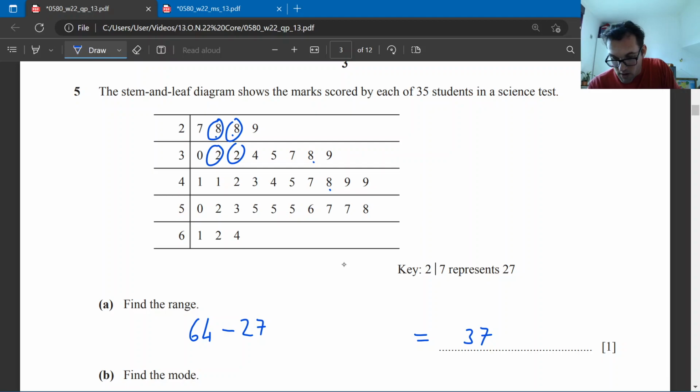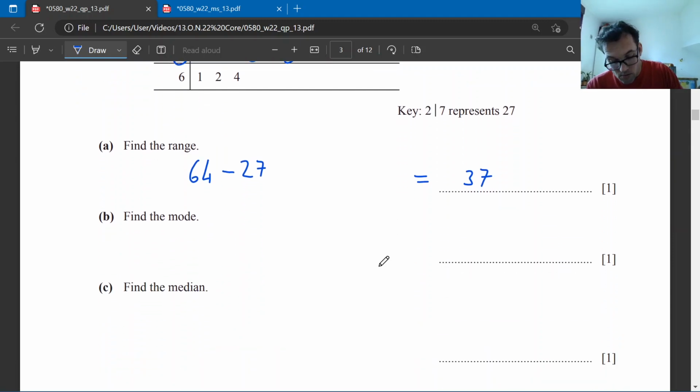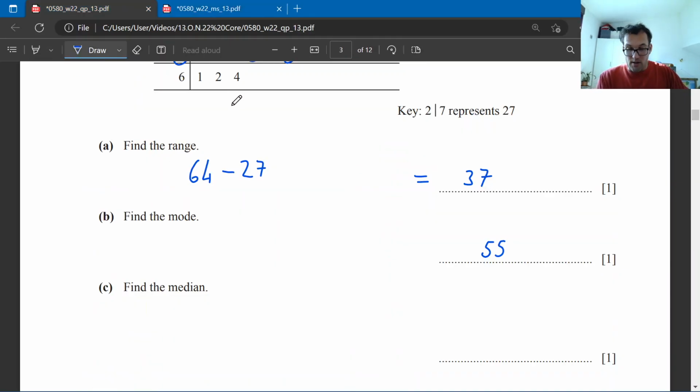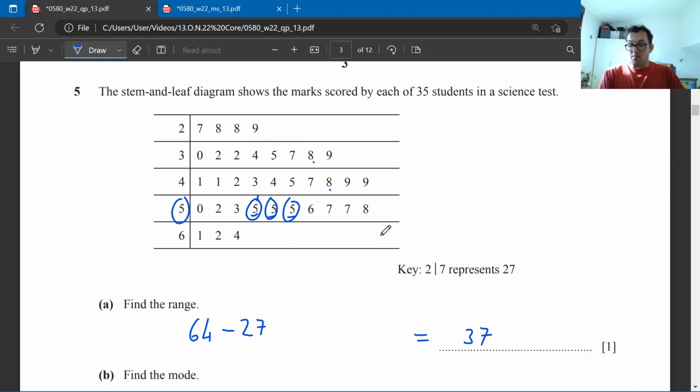But there is one that's more than just 2 people. There are 3 5s next to each other. So there are 3 people who got 55. The score that occurs the most is 55. And there it is.